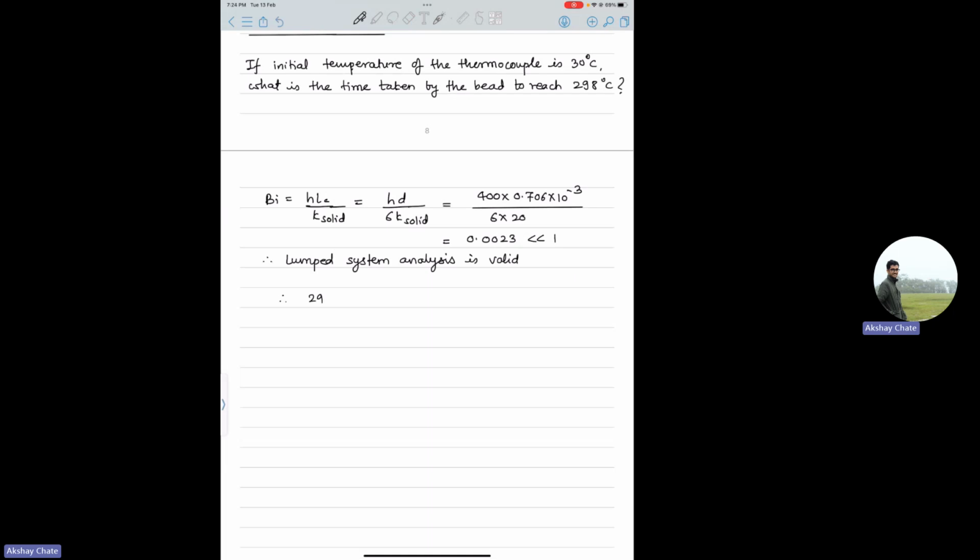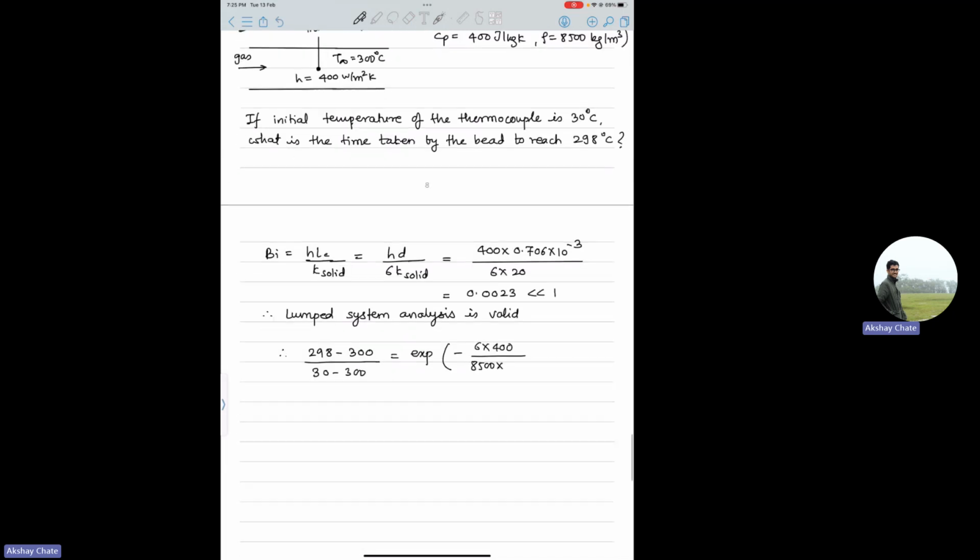So now your temperature needs to reach 298 in the ambient temperature of 300 with initial temperature of 30. That will be minus hAt by rho V Cp. So you will have 6 into h, which is 400, divided by rho 8500, Cp 400, into D, 0.706 into 10 to the power minus 3, and into time.